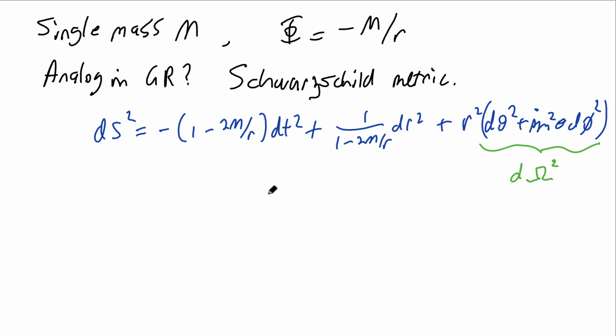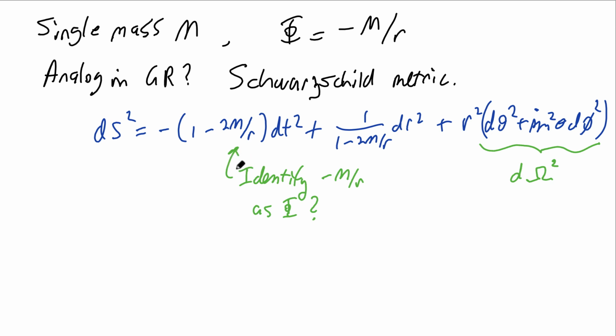And what we would like to do, roughly speaking, is identify minus m over r as the Newtonian potential. But we need to be a little bit careful before we do that. First of all, notice what we're trying to do is establish a connection between general relativity and Newtonian gravity.